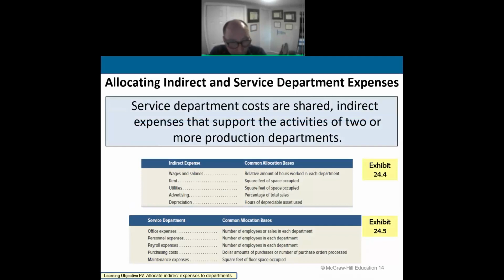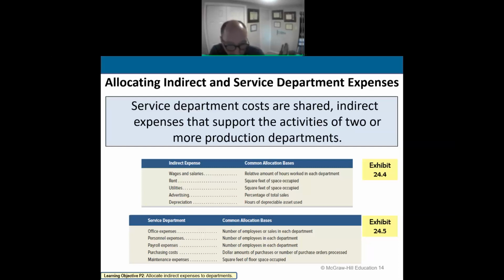What about service departments? Service departments, as you know, are the departments that assist the entire operation. Like the office, human resources, accounting. Those are all support services for the whole store, or for the whole company.